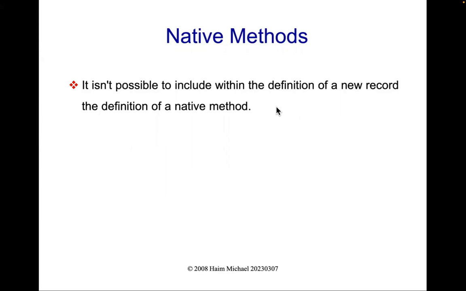Native methods is not possible. We cannot add to our record definition native methods. For those who are not familiar with it, a native method in Java is a method whose implementation is not in Java. You can define a class and include within the definition of the class a method marked with the native keyword. The implementation will be outside of Java.